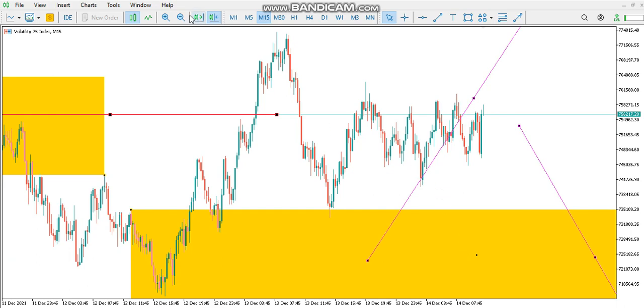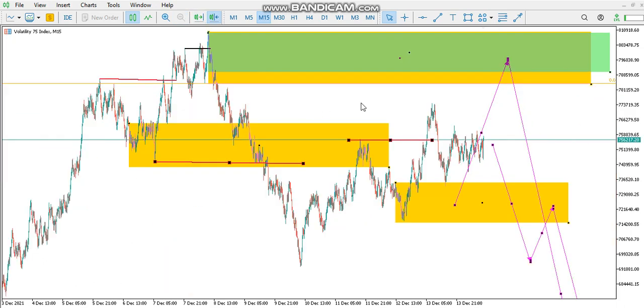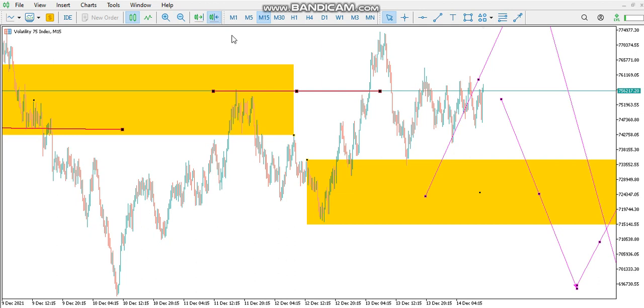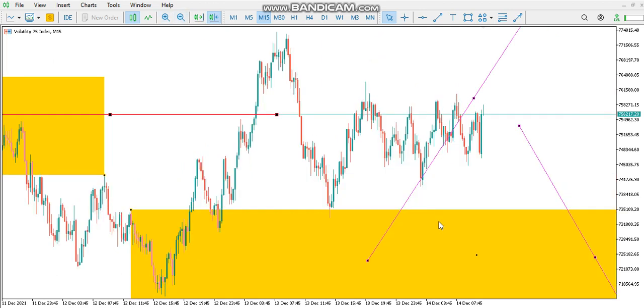Okay, so let's come to the current price action. If ever I write buy V75 or sell V75 at CPA, at current price action, what is the current price action? I'll say it again, the terminology is not entirely different from the language that you use every day.